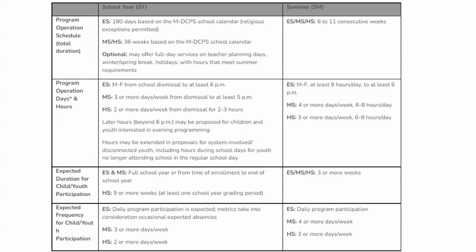And again, it's really important to understand that there can be these expectations at the program site level, but then there are also these expectations for what it is that we're expecting to see the child and youth do, how often should they engage in these services and for how long. And so just understanding this table and understanding how it aligns with the RFP is very important.